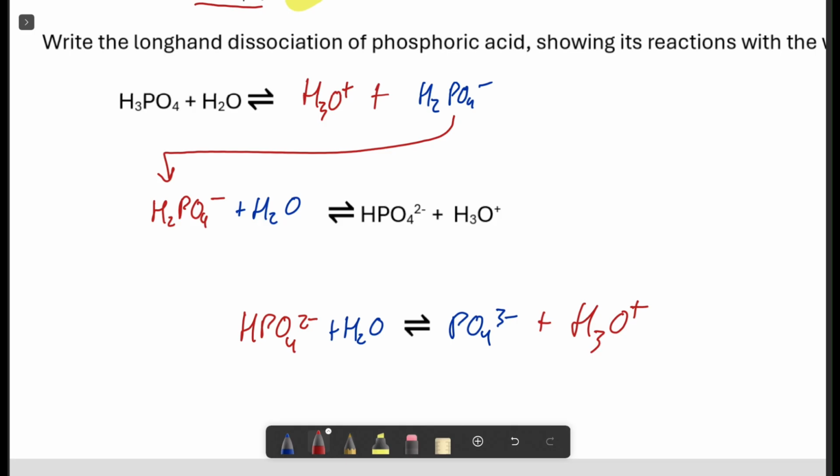So H2PO4 negative interacts with the water. That's going to create HPO4 2 negative and H3O positive. So what I need to do is take this one down here and set up my next one. This dissociation is happening all the time in nature.